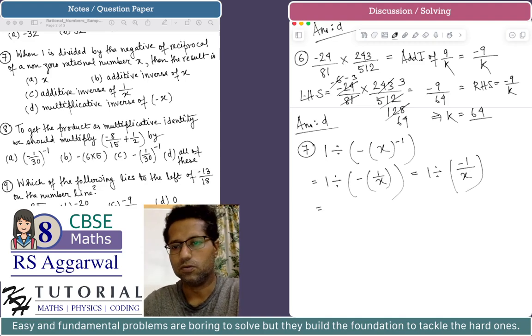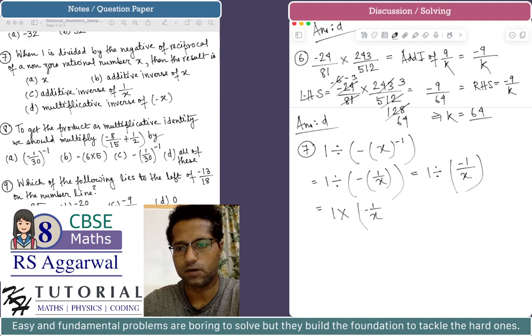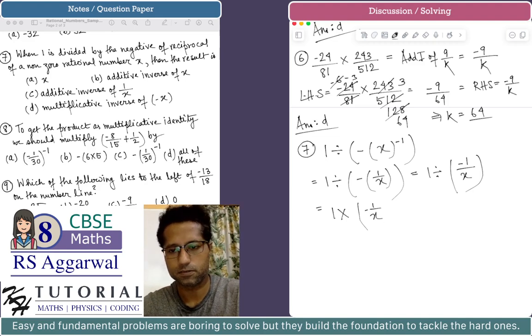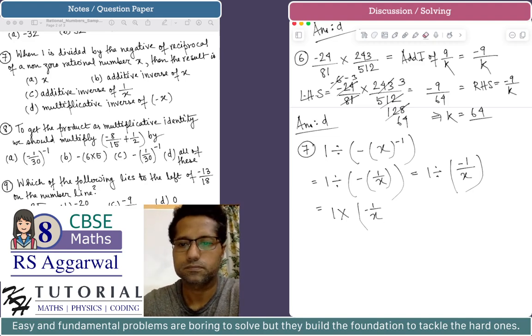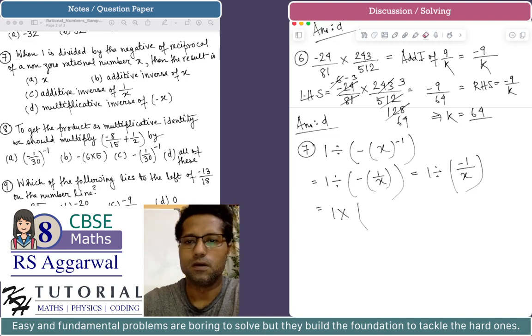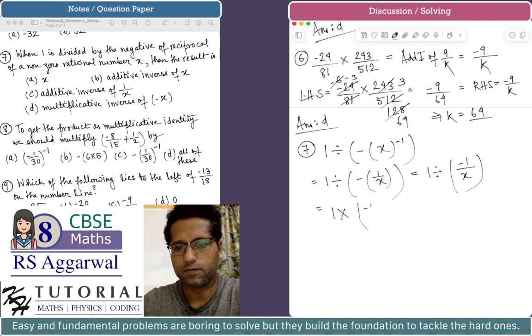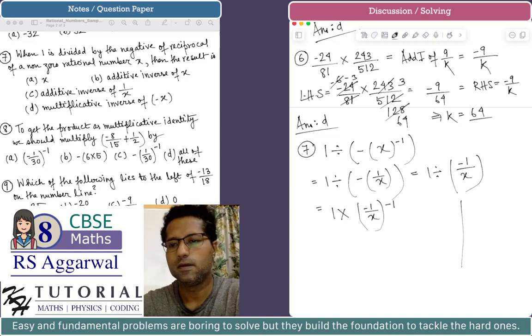So this is equal to 1 multiplied by the multiplicative inverse of minus 1 by x.